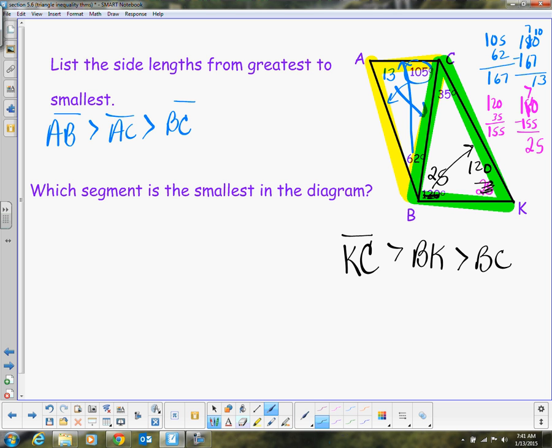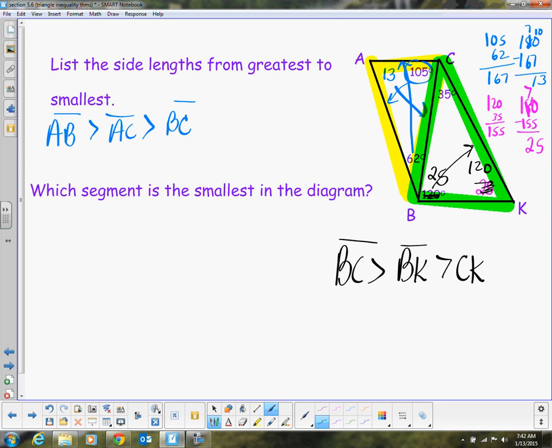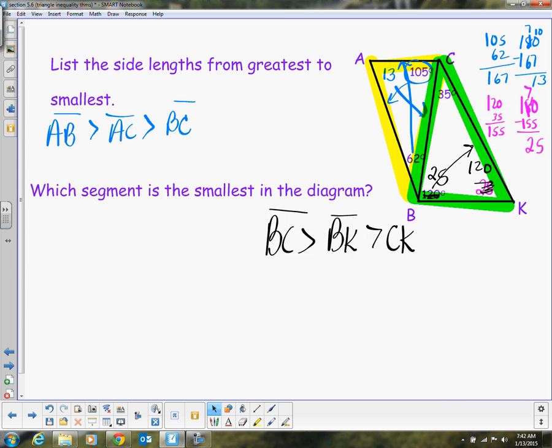Okay, so let's redo this one. Who's biggest now? BC. Who's next biggest? BK. And who's next biggest then? CK. So now, AB is bigger than AC, which is bigger than BC, but look, is BC the biggest here?